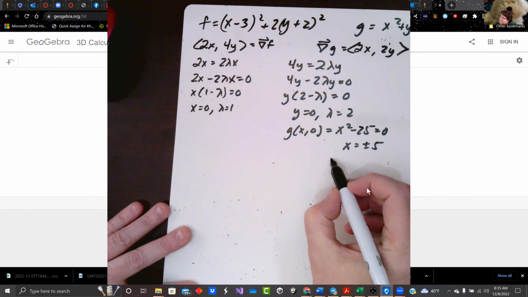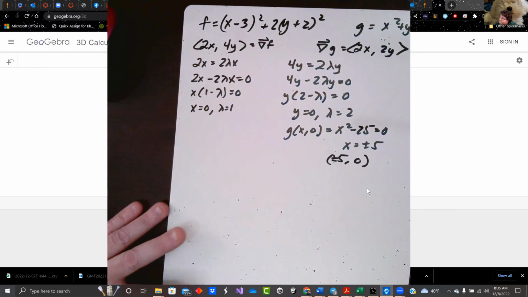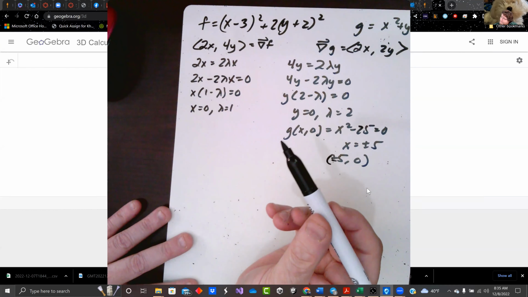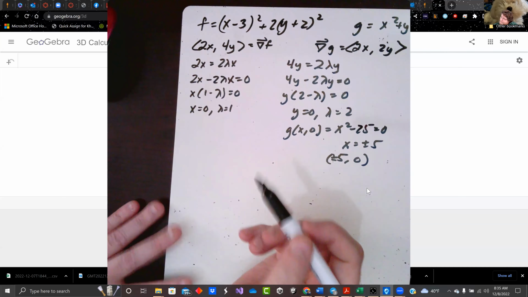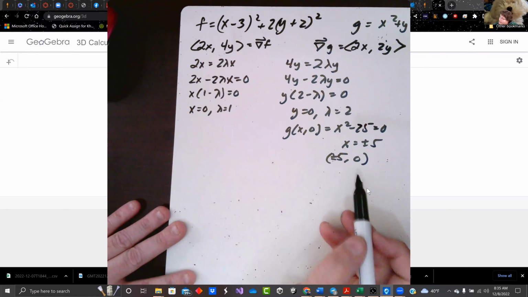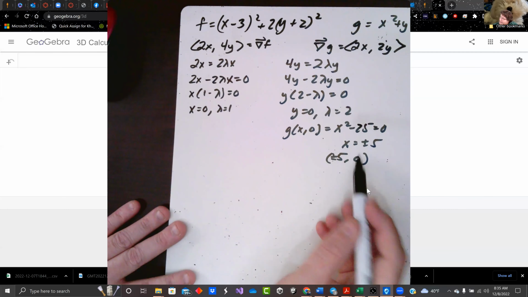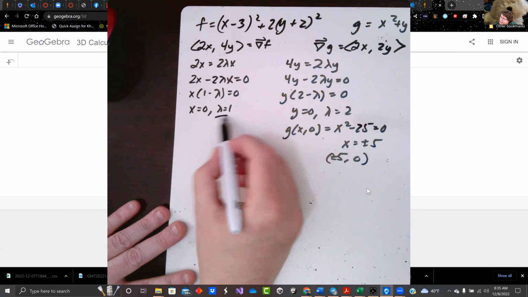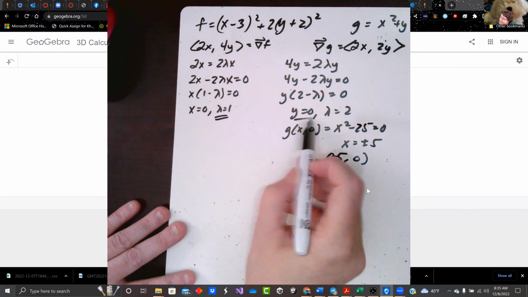So I've got values plus or minus 5 comma 0. Interesting. I think this is only affecting the lambda. It just changes the lambda value, which is not x equals 0. So this must be the lambda equals 1 case. So y equals 0 goes with lambda equals 1.